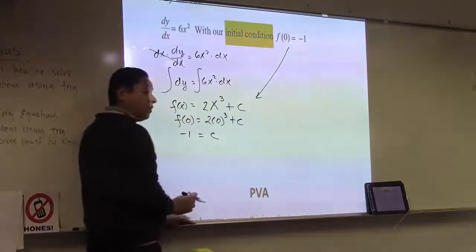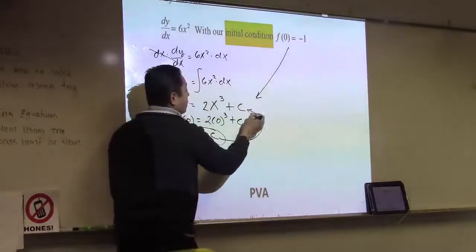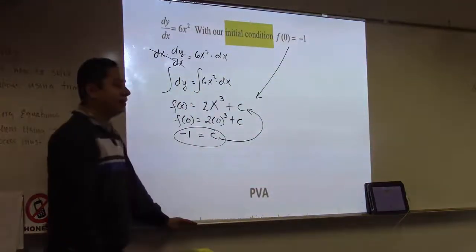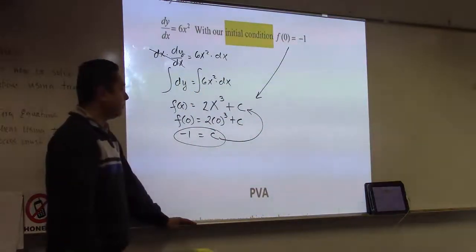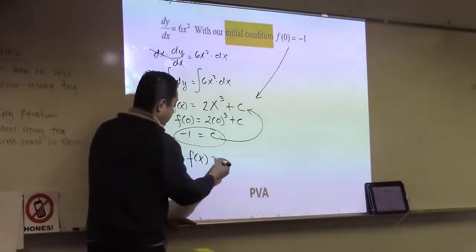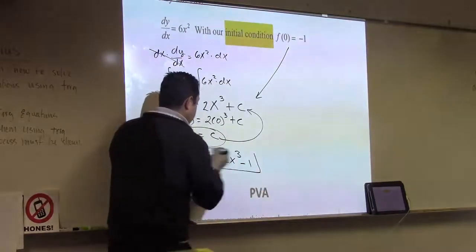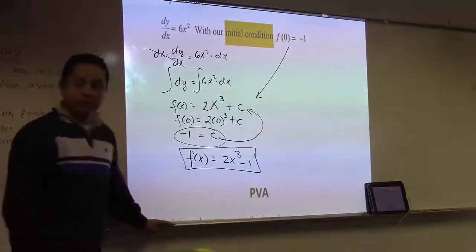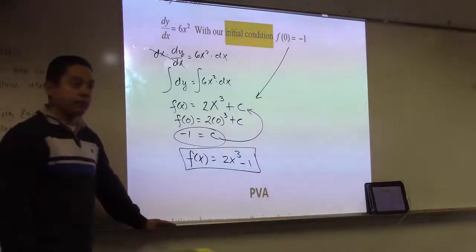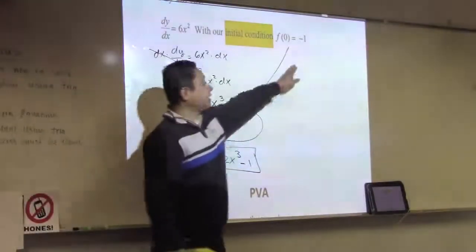So is that just c? I found the c. Once you find the c, you plug it back into the equation that you derived after taking the antiderivatives. So f of x equals 2x cubed minus 1, and that is our final answer for this problem. That is the one that will meet the requirement of having this initial condition.